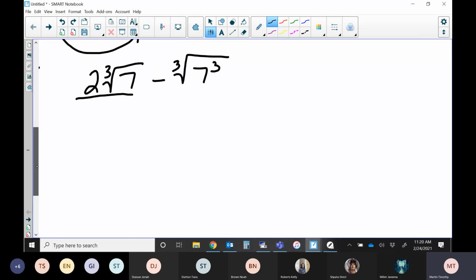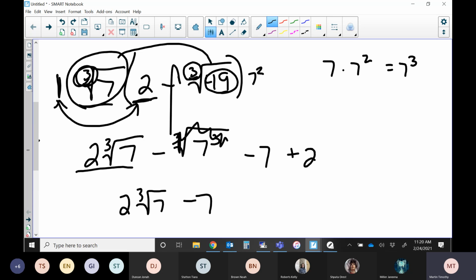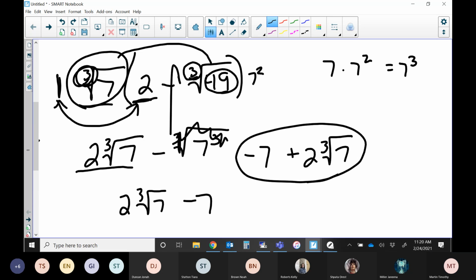And then finally, I can simplify this and realize the cubes cancel out, and I'm left with 2 cube roots of 7 minus 7, or negative 7 plus 2 cube roots of 7. Either of these two things would be the final answer.